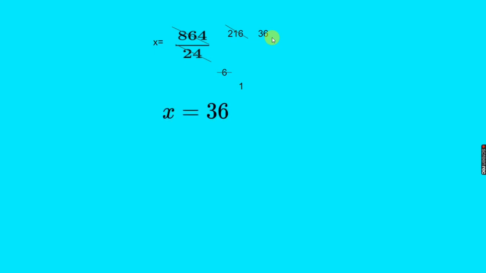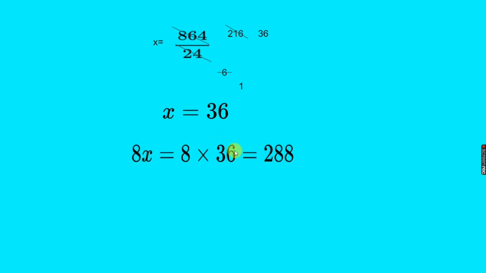So we got the value of x, that is 36. Now this is the value of x, but we have to make it the multiple of 8, which was 8x.